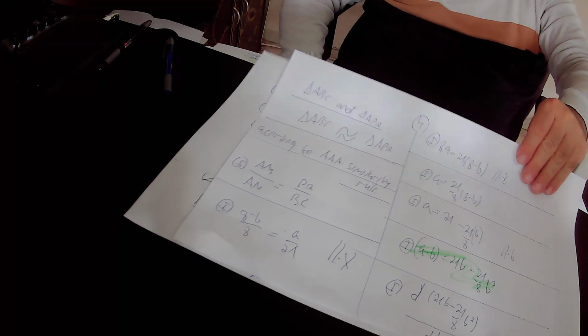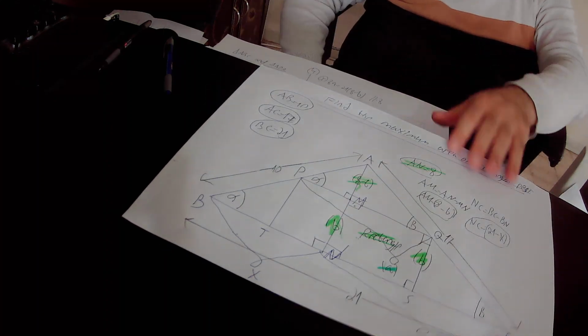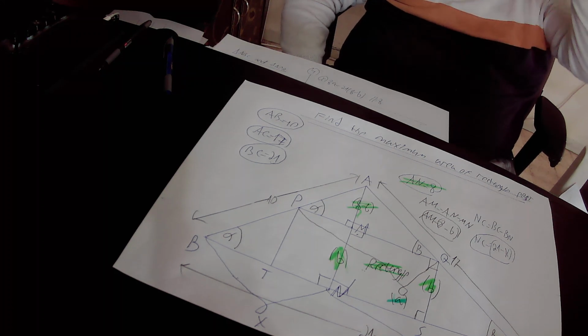Whenever you have two similar triangles, the ratio between their heights must equal the ratio between their sides.